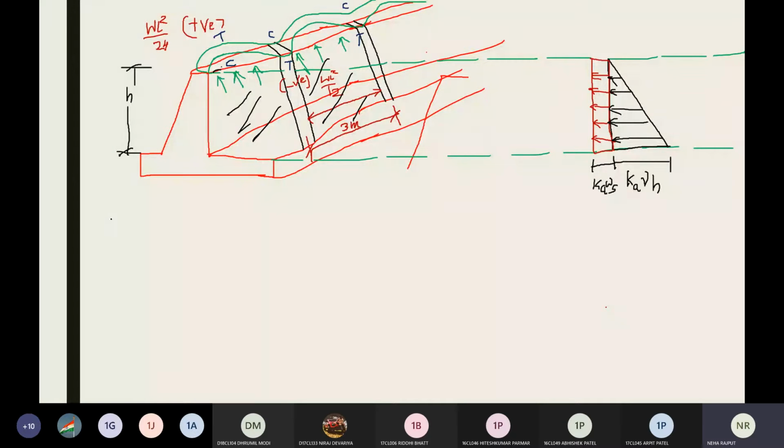So you are going to write the total pressure value. Pressure acting on stem is equal to K gamma h, because see this unit is kilonewton per meter cube into meter.